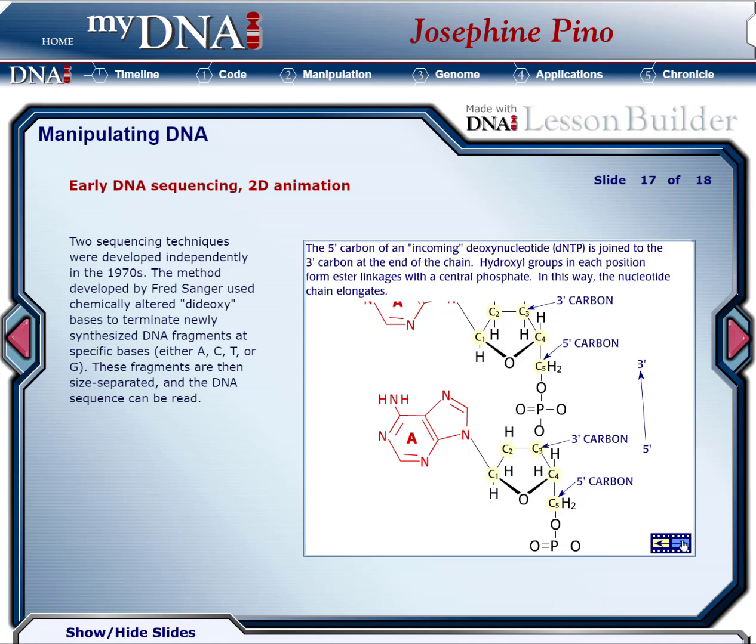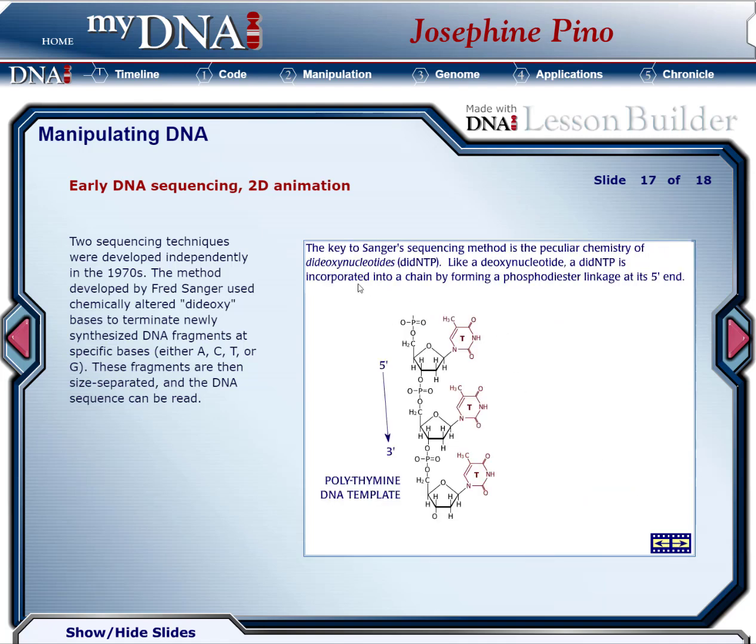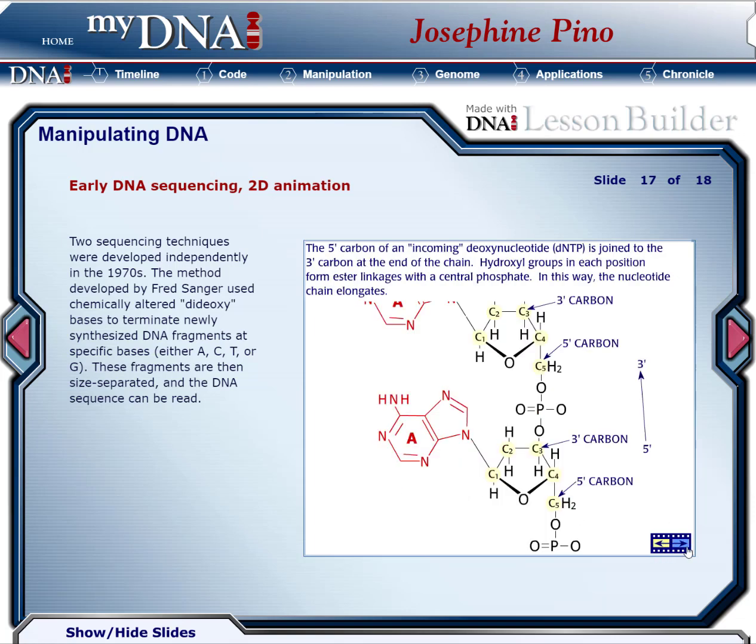The key to Sanger's sequencing method is the peculiar chemistry of dideoxynucleotides, ddNTP. Okay. Like a deoxynucleotide, a ddNTP is incorporated into a chain by forming phosphodiester linkages at its 5' end. Okay. Did anything change with these photos?